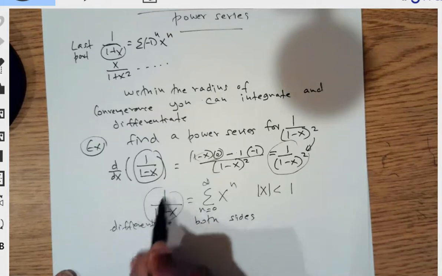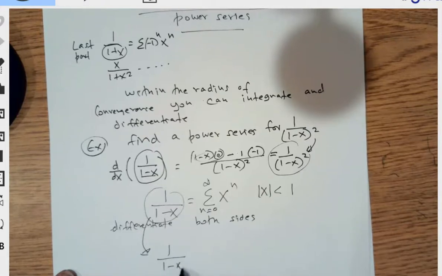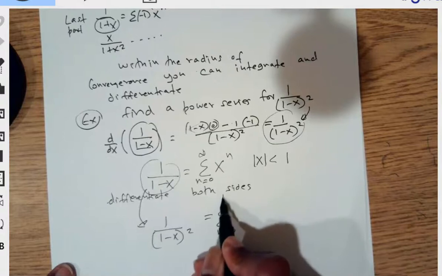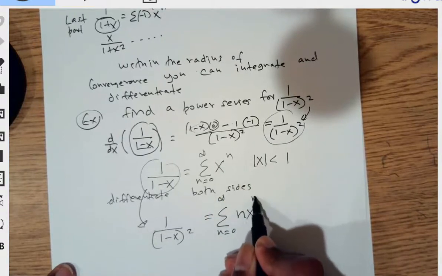So when you differentiate this side, you get 1 over 1 minus x squared. And when you differentiate this side, you get n x to the power n minus 1.